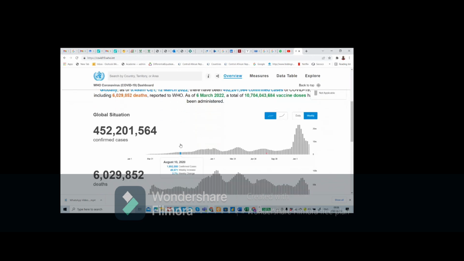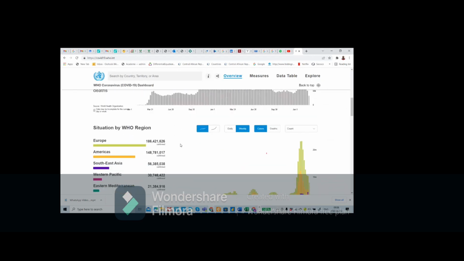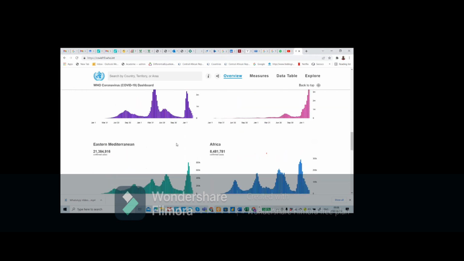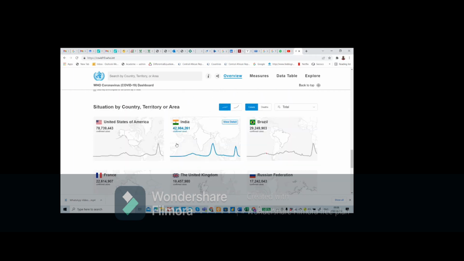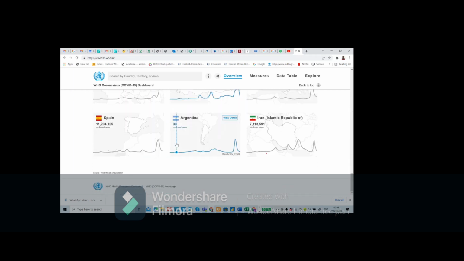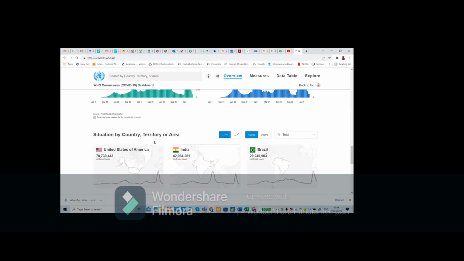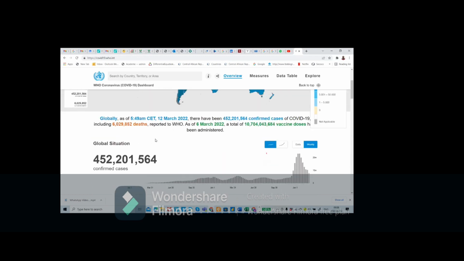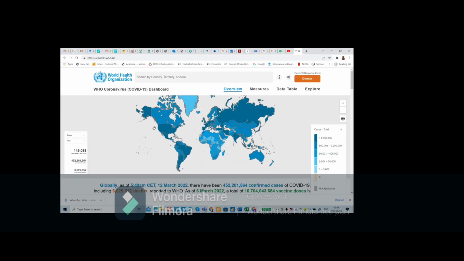Look at this data now. This is for global. This is for Europe. This is for Africa. So we have different, what we call processed data. They already processed this data. As a matter of fact, there is software where, as they are using it, they enter the data into the system and they see it immediately.